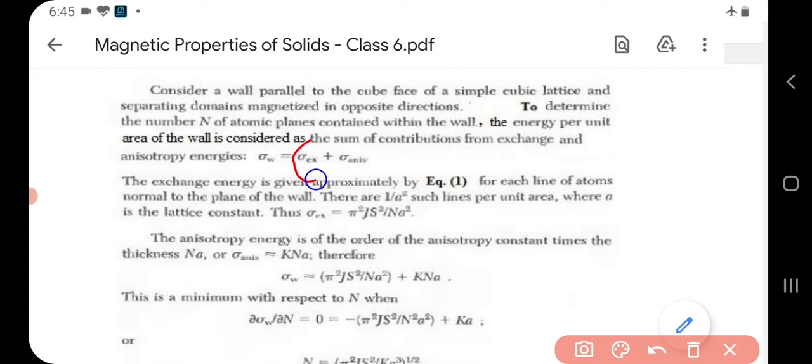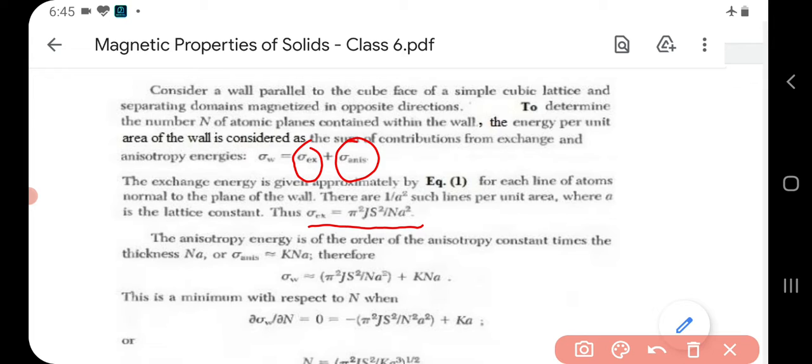The exchange energy is already given by equation 1 for each line of atoms normal to the plane of the wall. There are 1 by a square such lines per unit area, where a is the lattice constant. Then the exchange energy sigma_ex is given by pi square J S square by n a square.